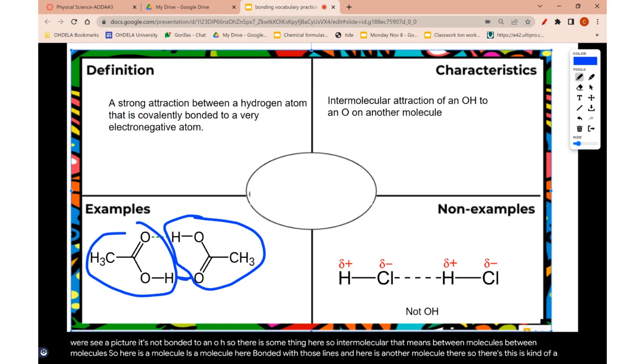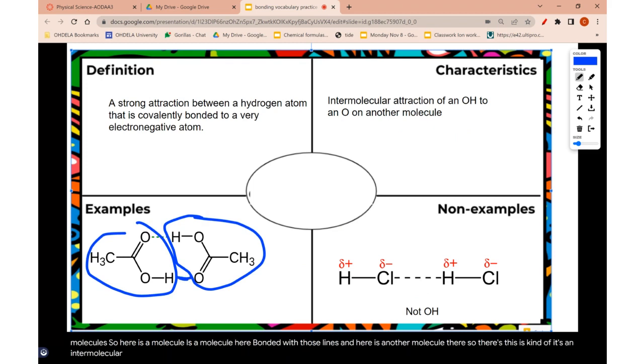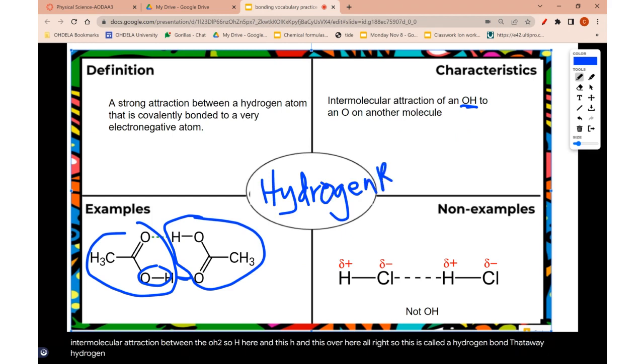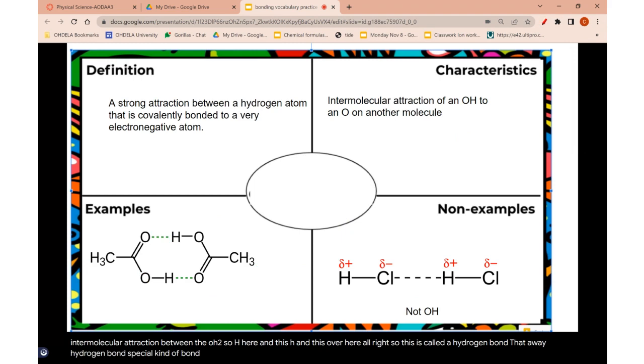So it's an intermolecular attraction between this OH here, and this O over here. Right, so this is called a hydrogen bond. Special kind of bond. There you go, hydrogen bond.